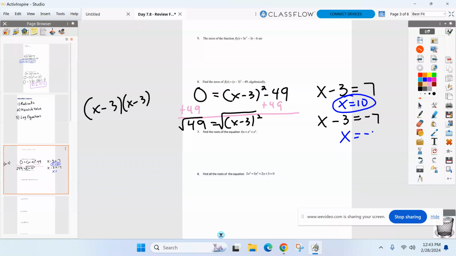Okay. There we go. And some of you may not like that, and that's fine. Go ahead, double distribute, and then factor it at the end. You're still going to get 10 and negative 4. Any questions there?